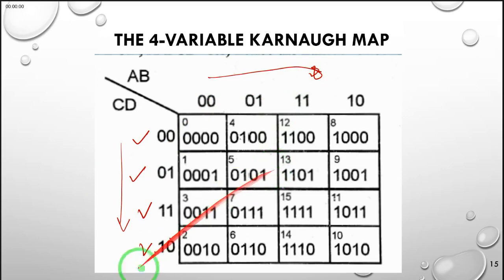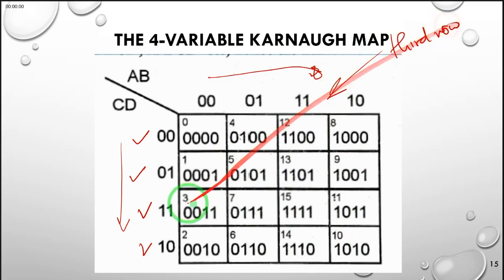This nomenclature enables each of the 16 cells in the 4 variable K-map to have a distinct decimal identity. We will now see how we normally give these numbers. You can even memorize it; it becomes quite straightforward. We always count 0, 1, 2, 3, 4, 5, 6, 7, 8, 9, 10, 11, 12, 13, 14, 15. What you'll observe is that the third row and the third column are always skipped.